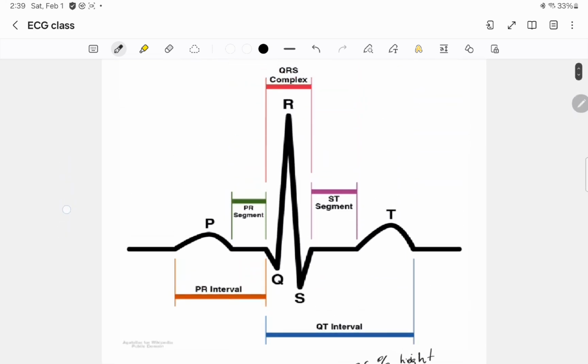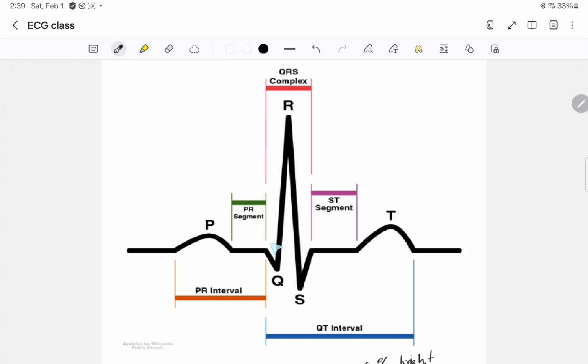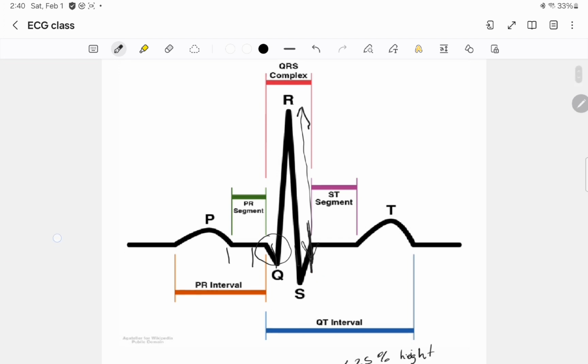So for example, this would be a small septal Q wave, because compared to this R wave, or rather the entire vertical vector, it's really tiny. It's less than 25% of that vertical vector. There are no small boxes here, but if I were to draw some small boxes for illustration's sake, like that, you can see that it would be small because it's less than one small box. Okay, all right, moving on.